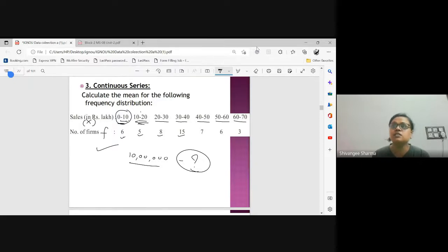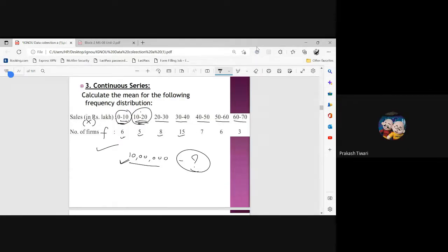So if it is 9,99,999, then this will come in the first. But because it is 10 lakh, then 10 lakh will come in the second group. Okay, I think the problem is clear to everyone.